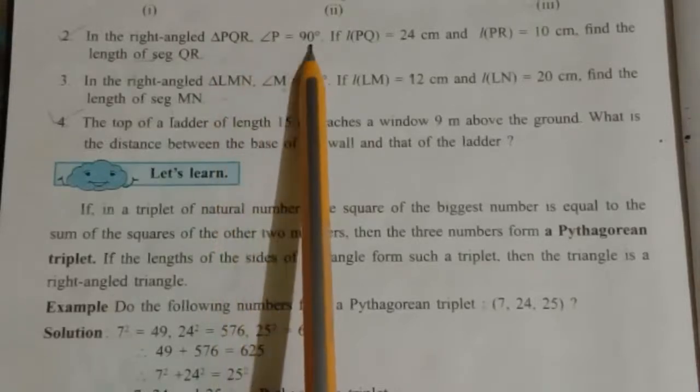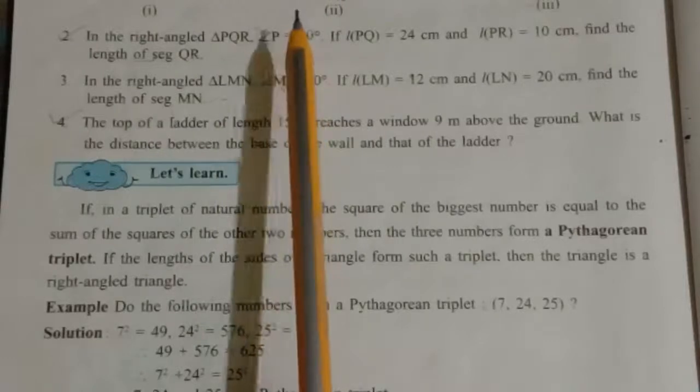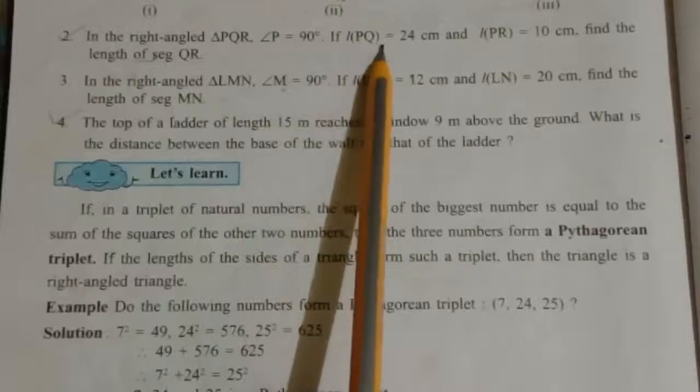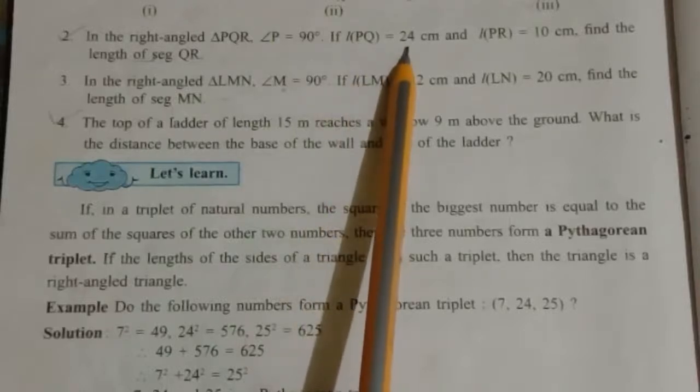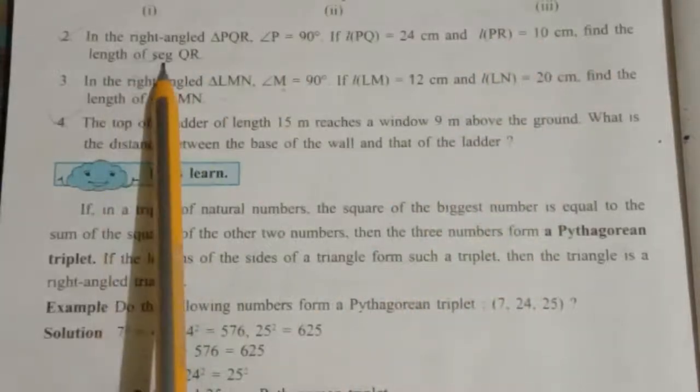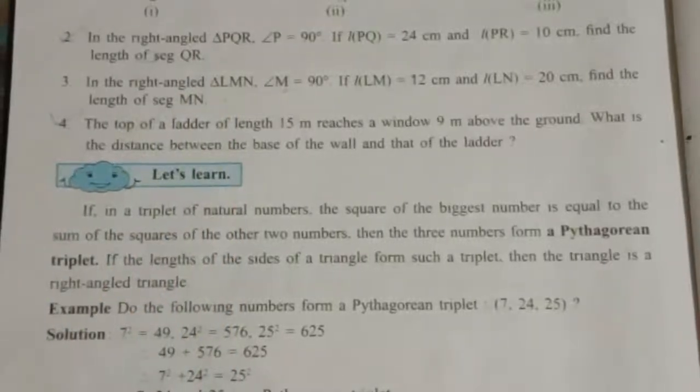Angle P is equal to 90 degrees, so the right angle will be named P. If length PQ is equal to 24 centimeter and length PR is equal to 10 centimeter, find the length of seg QR.